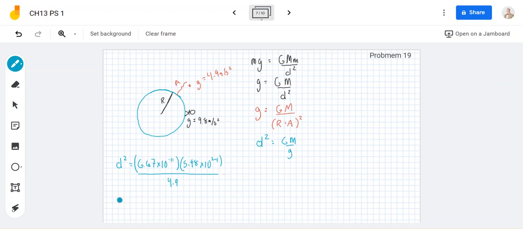So I calculated d here on my calculator, and I got d to be 9.02 times 10 to the 6th. But here my d is just equal to r plus a. And it's nice because I know both d and r, and I can solve for a directly.